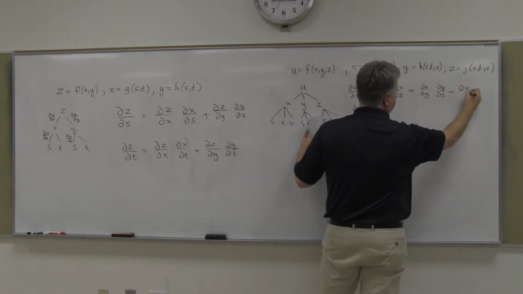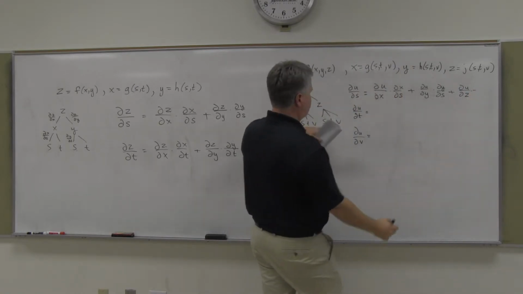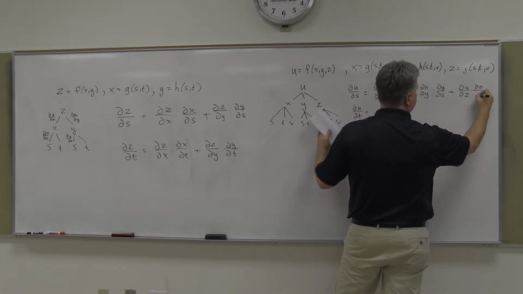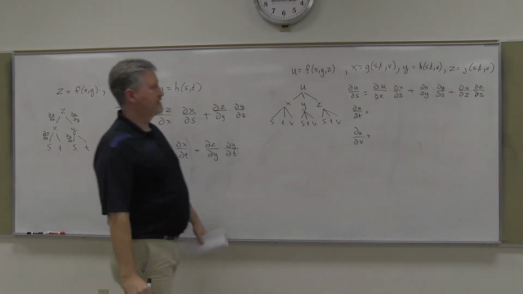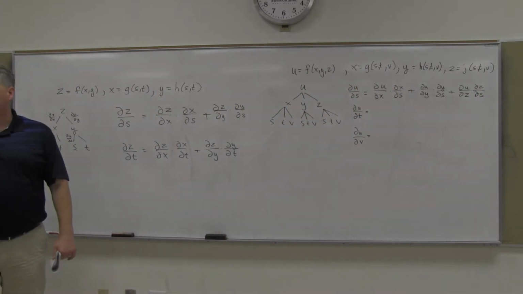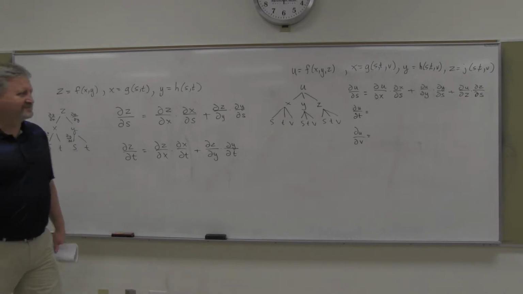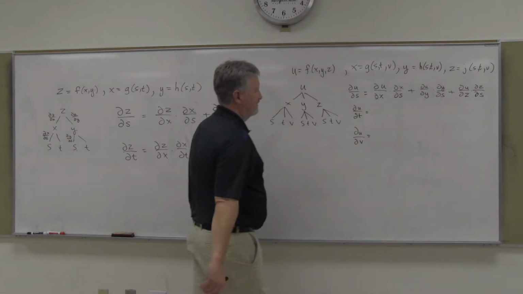It's not too bad, but then I have a third path through z, so you add a third part to our sum here. Hopefully it makes a little sense. Like I said, the tree diagram sometimes helps. So three different paths, and then the same thing on the rest of these.